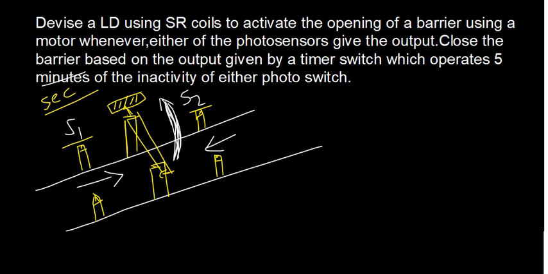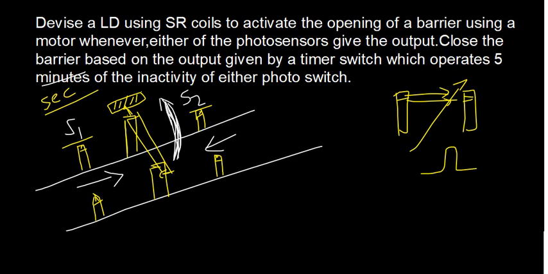It could be this kind of pulse, okay. Both the sensors, that means it is S1 plus S2, the number of pulses which are going to be generated. It is not from any one, because here what is given here is the photo switch.